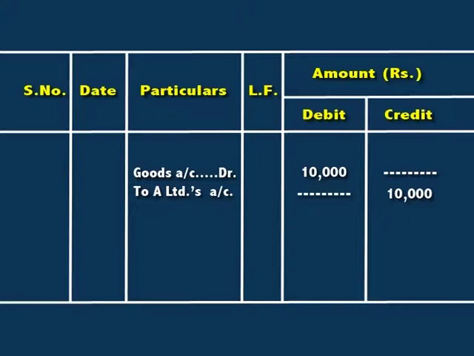Hence, in our transaction, goods account will be debited and A Limited's account will be credited, and the journal entry appearing in the books of accounts of the firm will be goods account debit to A Limited's account. Narration would be like being goods purchased for credit from A Limited.